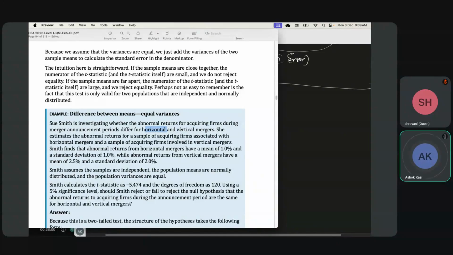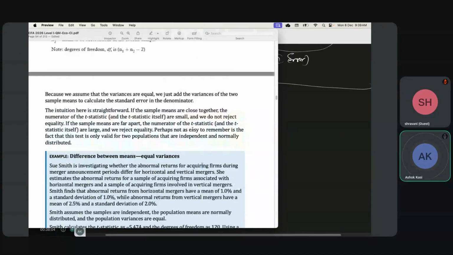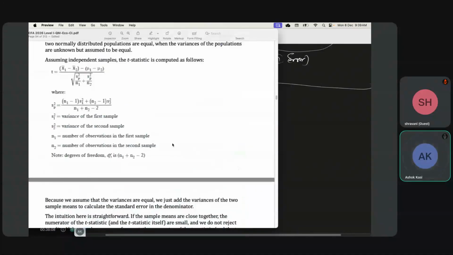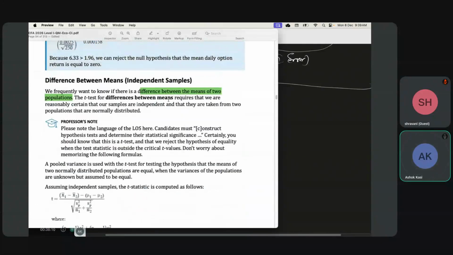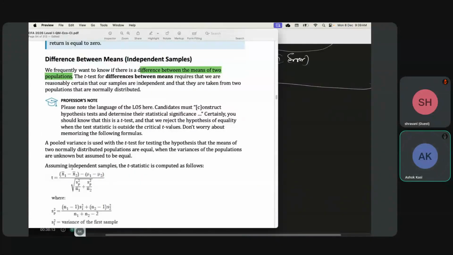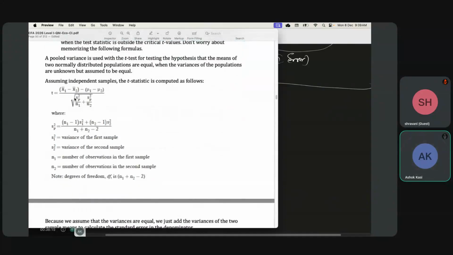For horizontal merger there is one mean, and for vertical merger there is one mean. These are two different populations, vertical and horizontal. If you want to check whether those means are the same or not, this is the formula we are supposed to use.